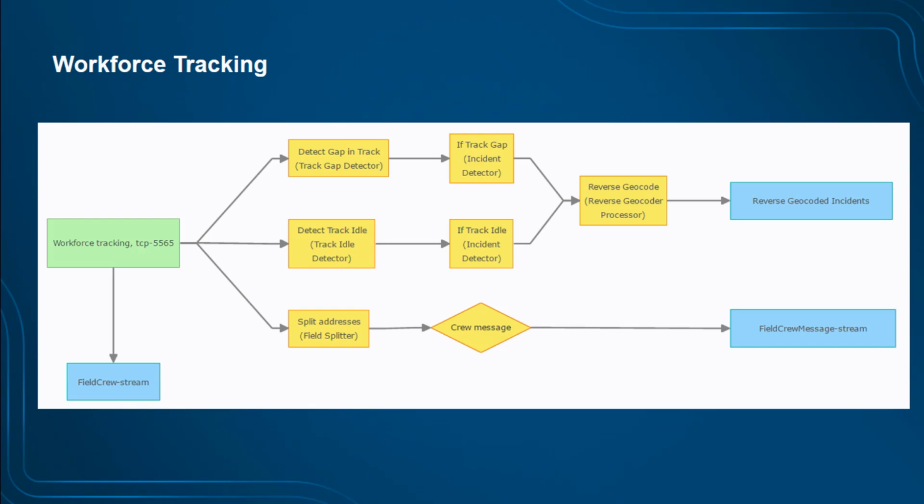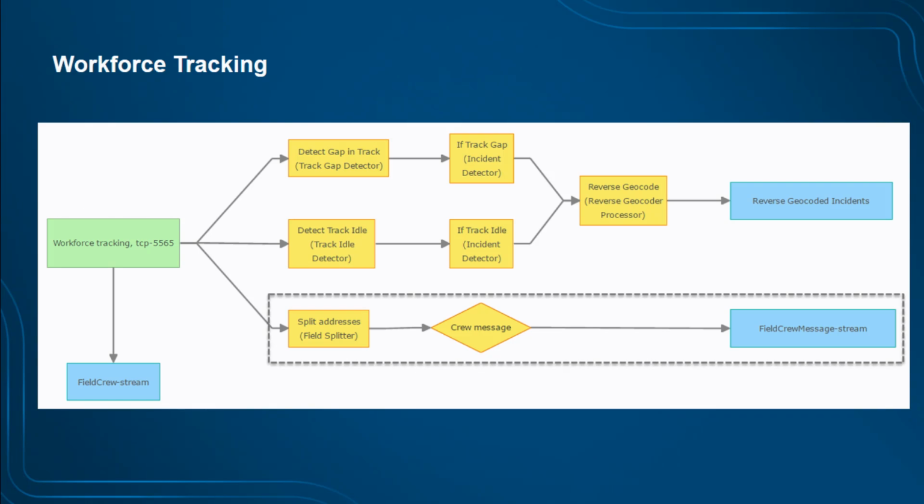The message is simply forwarded to an output that updates the crew's location on a map. This is what allows us to see that moving orange bubble around the map. Now, if the crew sends a text message or an email, that message could go out to multiple recipients.